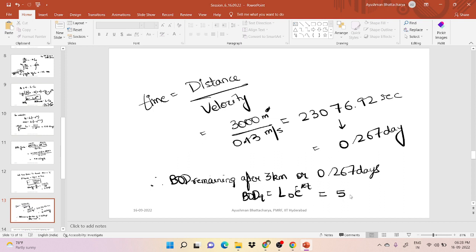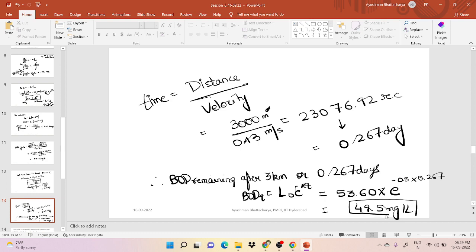So L naught will be 53.60, which we have calculated from the BOD mix, into e raised to minus, in the question they have already given us the k value 0.3, into the time we have already calculated, 0.267. So the answer will come out to be 49.5 milligram per liter.